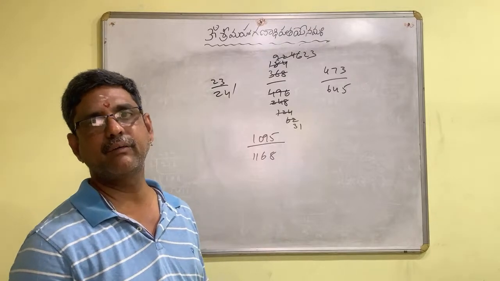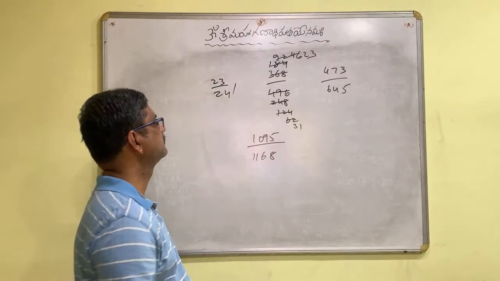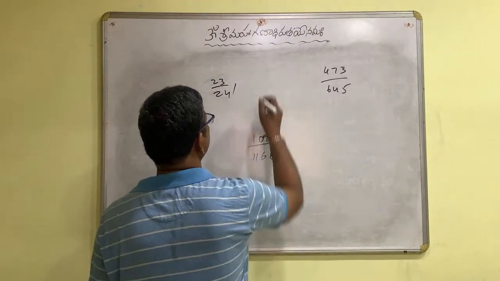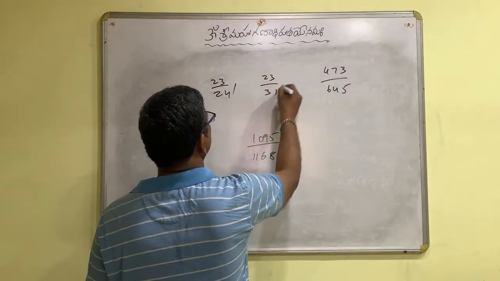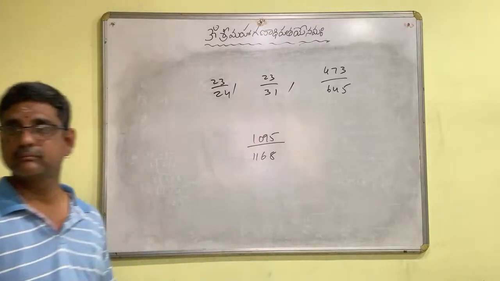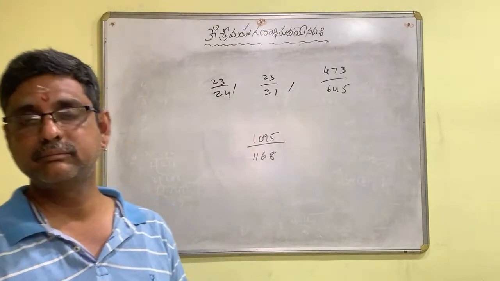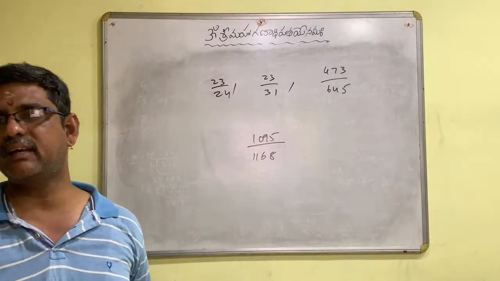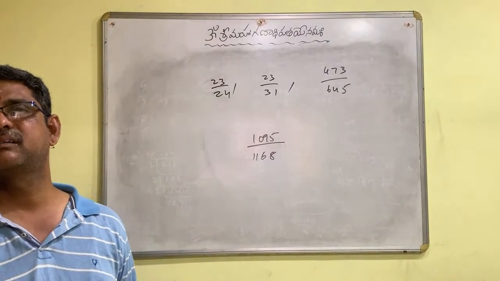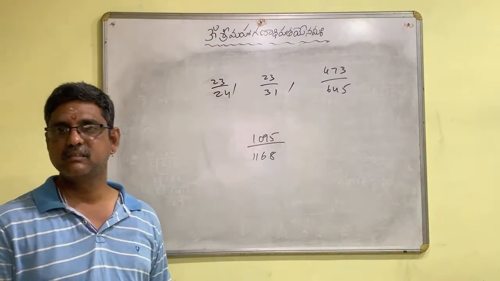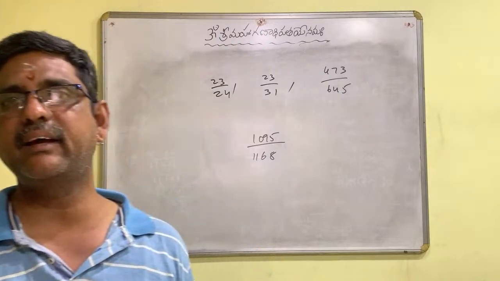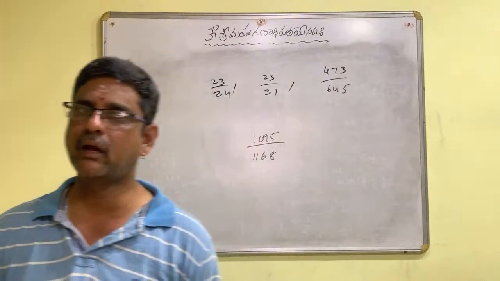How do you arrange it? What is the common factor for both the numbers? I am asking that. Everyone is writing 11 by 15. I think you are looking at the answer and saying it, or you are doing it on your own.